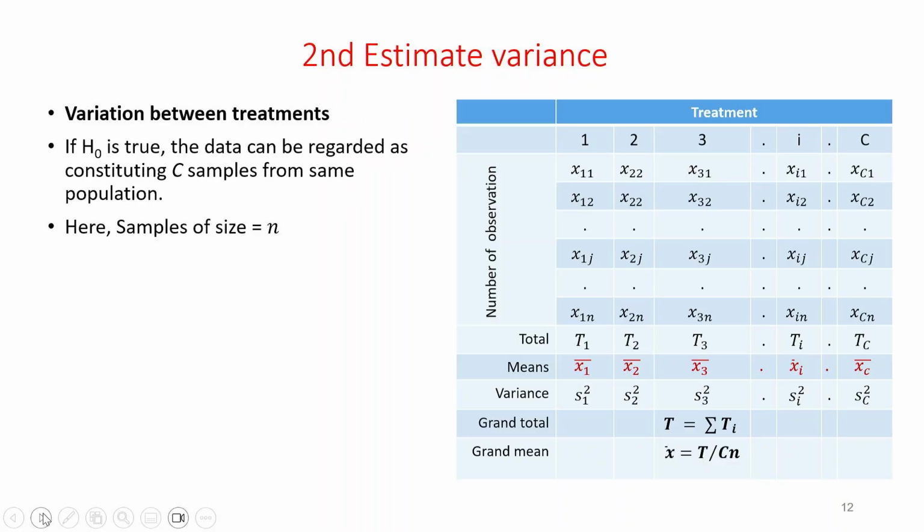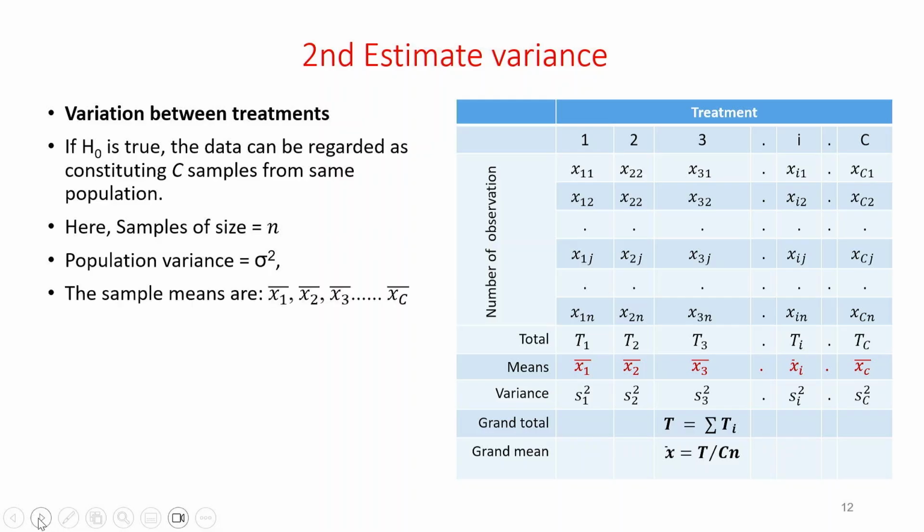The sample size is N, the population variance is sigma square, and the sample means are x1 bar, x2 bar, x3 bar, xi bar, x bar c. These are the individual means of treatment 1, treatment 2, treatment 3, so these are as if sample means.